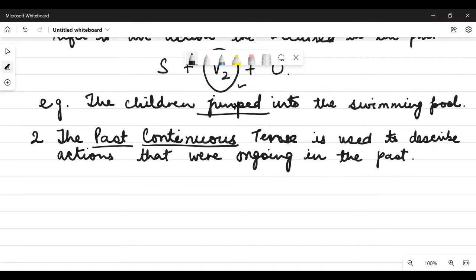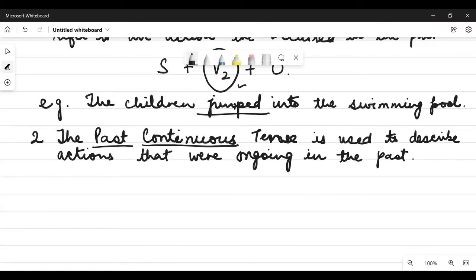Like we can say, when the bell rang, Varun was solving his maths problems. So that time in the past, when the bell rang, Varun was solving his maths problem. It means that the action of solving the maths problem was going on at that time.